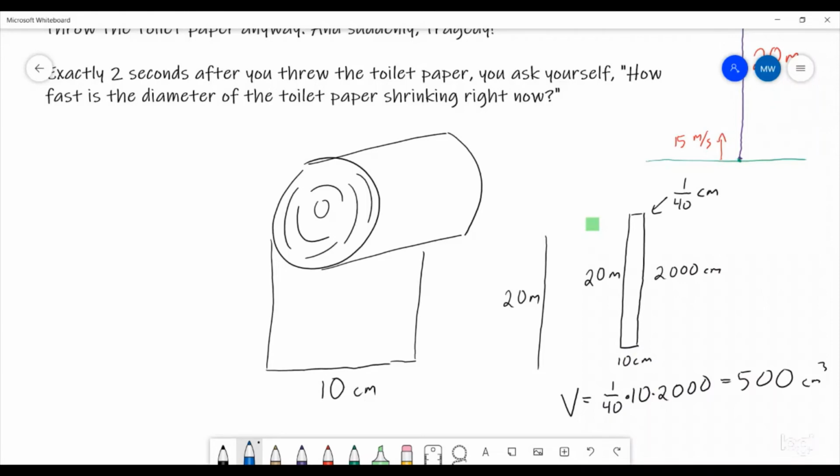I'm getting ahead of myself. So we're trying to figure out the rate that the diameter of the toilet paper is shrinking, which means we need to have some sort of connection between the diameter of the toilet paper and the height that it's up, because the height directly connects to how much of this toilet paper has been pulled off. And so let's tie those different things together.